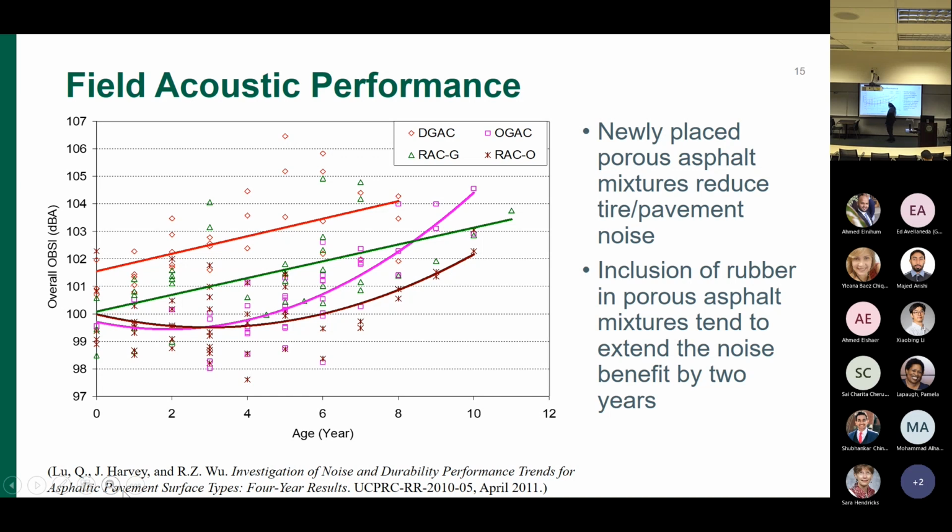And over time, the noise reduction benefit begins to diminish. After 7 years, the OGAC has a level of noise similar to the other mixes, like the dense-graded and gap-graded mixes. But the mix with rubber can retain the noise benefit for a bit longer, about 2 years.